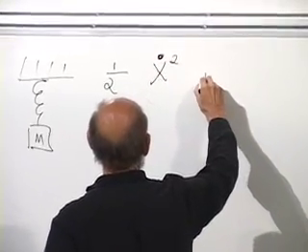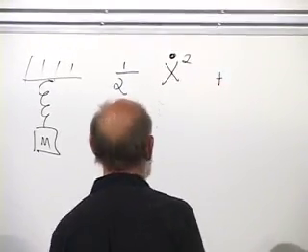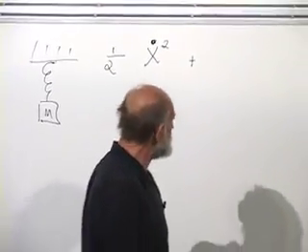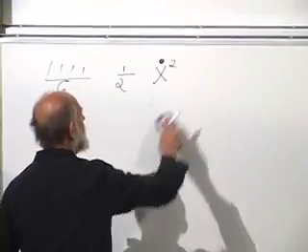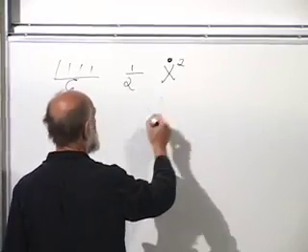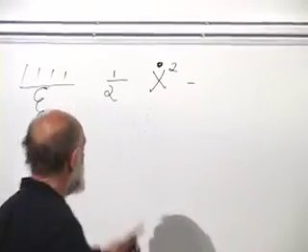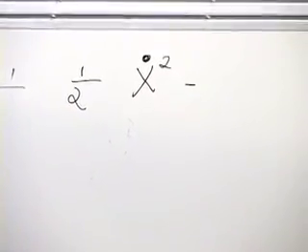All right, this is the Lagrangian, L, the kinetic energy minus the potential energy.